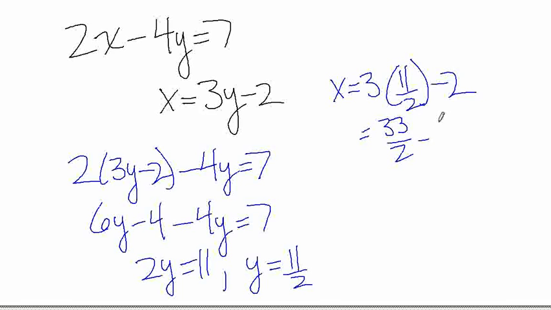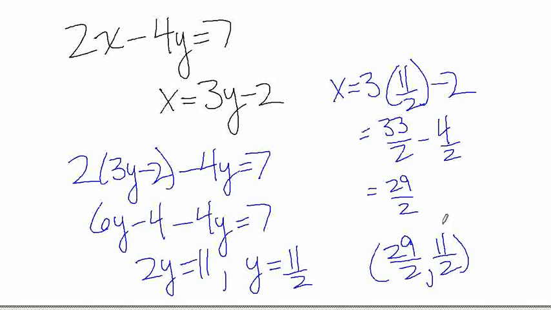And let me rewrite the 2 as 4 over 2 so that I have a common denominator. So that's equal to 29 over 2. So packaging our answer, the solution to the system of linear equations is 29 over 2, comma 11 over 2. Okay?